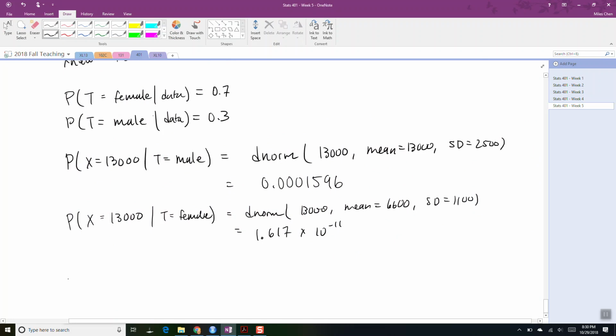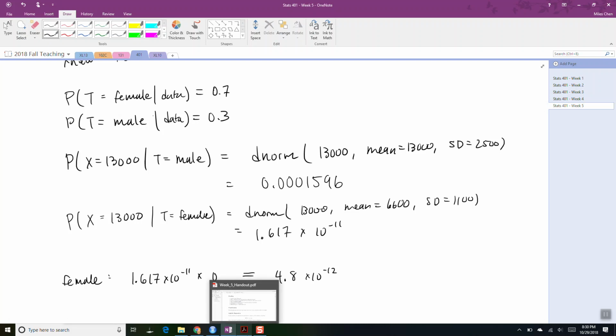Then if we calculate the numerators for a female, we've got 1.617 times 10 to the negative 11 times 0.7. Okay, 1.12 times 10 to the negative 11.